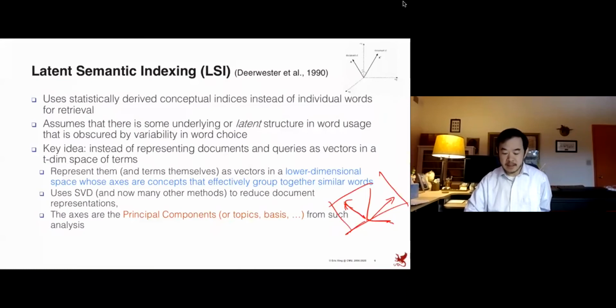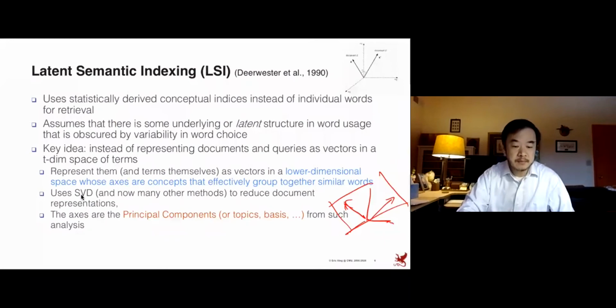And then you can basically discard the original coordinate system and just use this one as the new space to embed your documents. And how to embed is a very, very straightforward linear algebraic operation, right? You dot product it, you basically make a projection and so forth. And the SVD, also known as the singular value decomposition, is the mathematical tool to compute such salient vectors, which can be used as the definition of the axes in the new space.